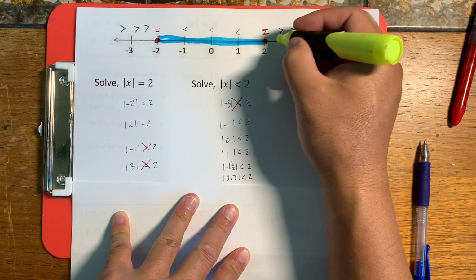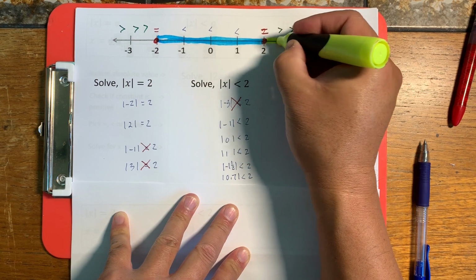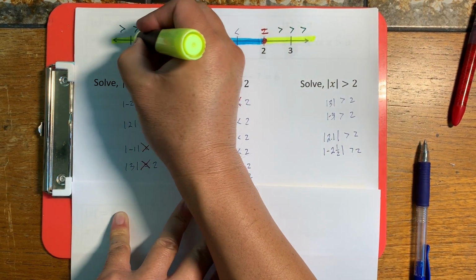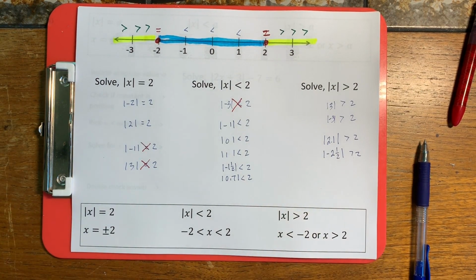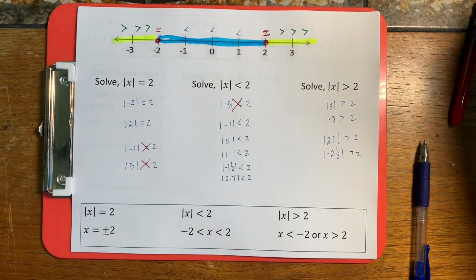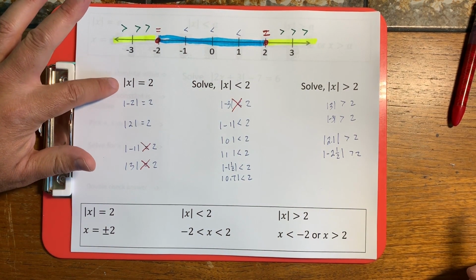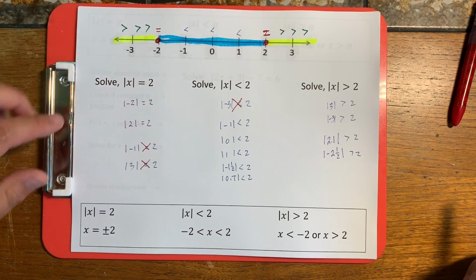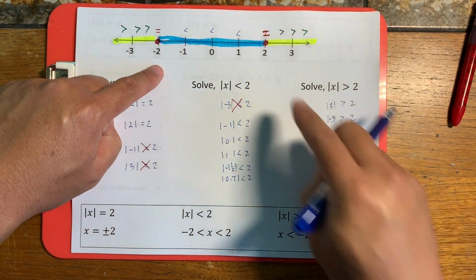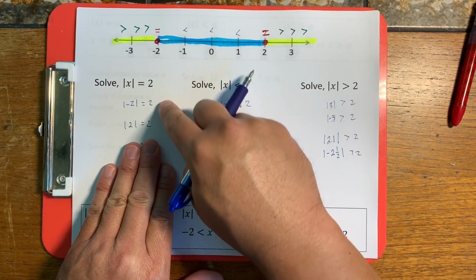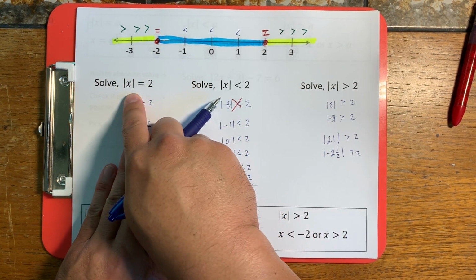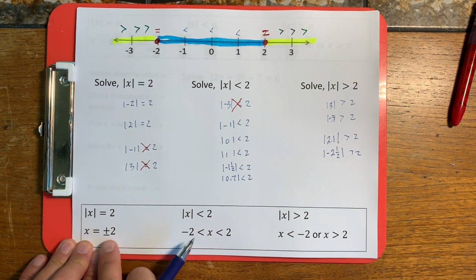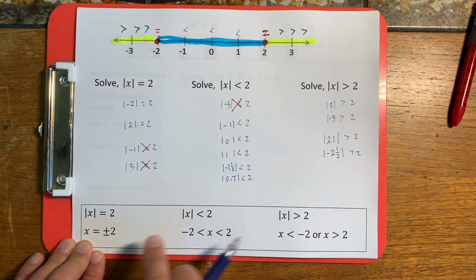Let me highlight that portion. Okay. Now, we could see that another way of saying |x| is equal to 2 is to say that x is equal to either negative 2 or 2. These are the only two values that satisfy this equation. So this can turn into that, right?